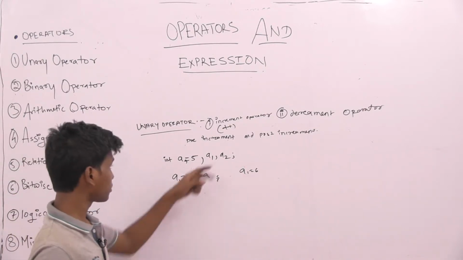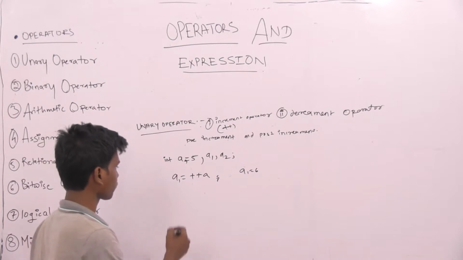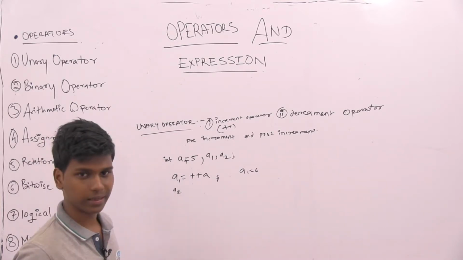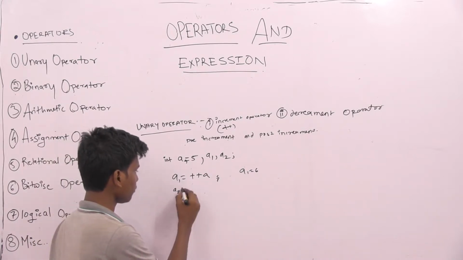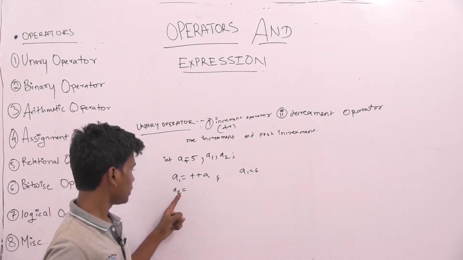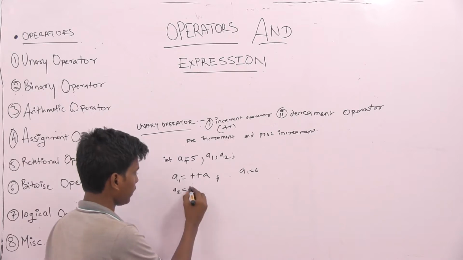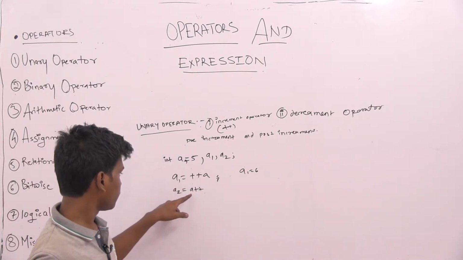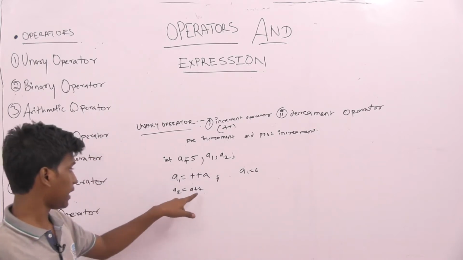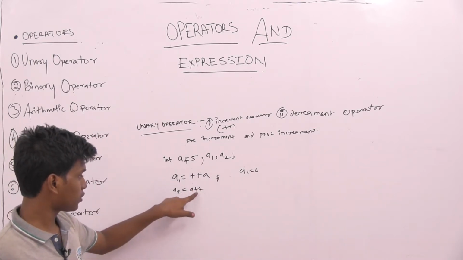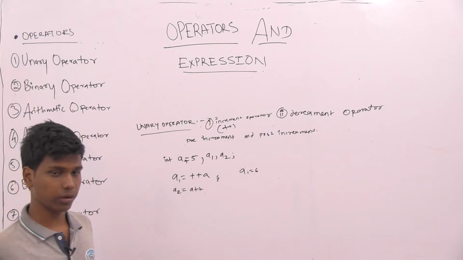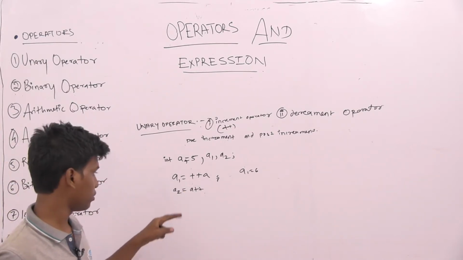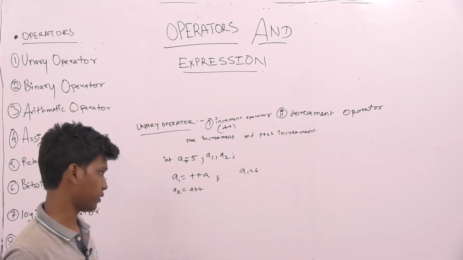Now let's get to the post-increment. Let's take variable a2 for the example of post-increment. In post-increment, a++, the increment is taken after the variable, meaning the value of the variable is taken first, then the increment is operated.